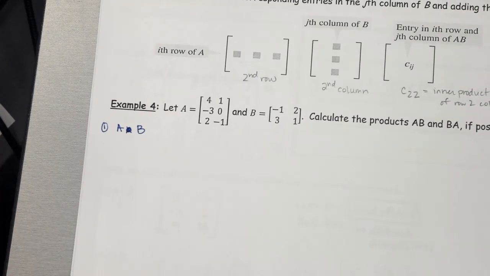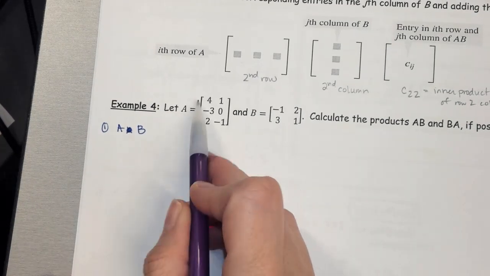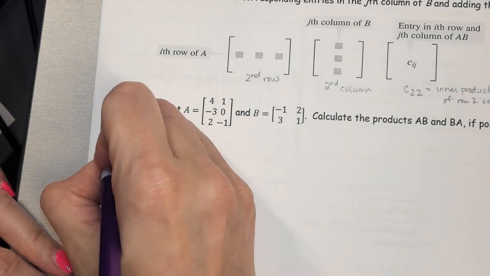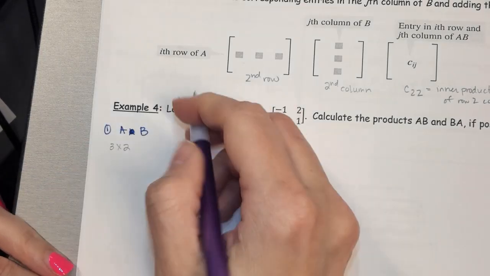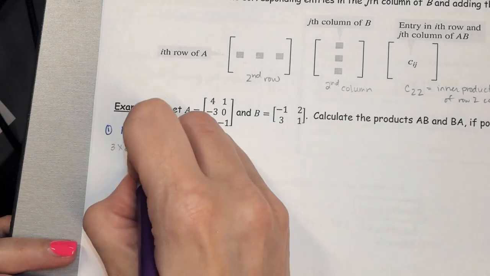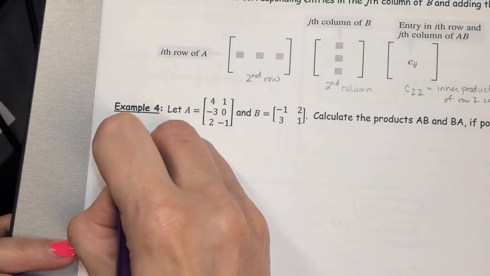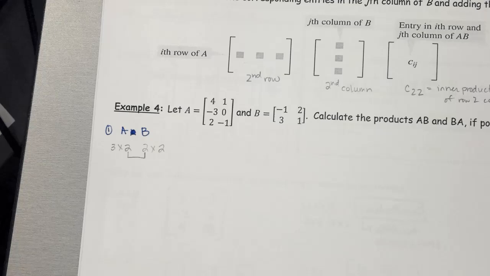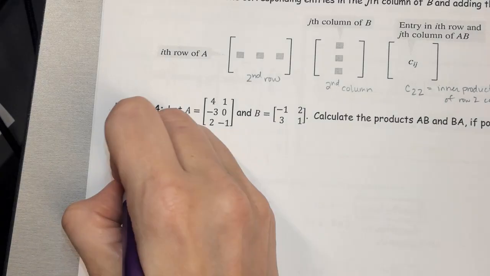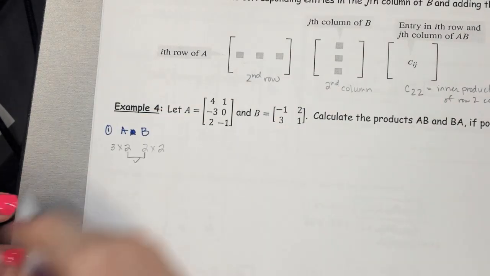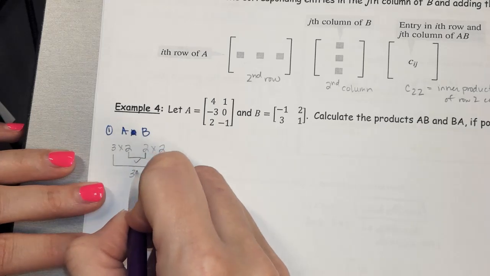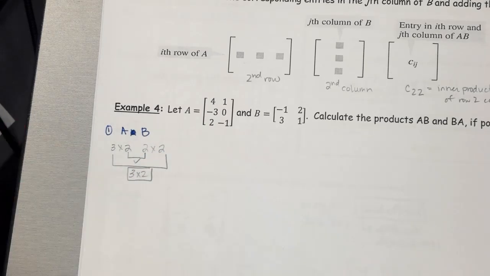Okay, so A is what matrix, or what by what? 3 by 2. So it's always the row, then the column, and then B is a 2 by 2. So the inner ones match, which means you can multiply. Sometimes I put a little check, like, yep, that means we can do this. So the result is going to be a 3 by 2 matrix.